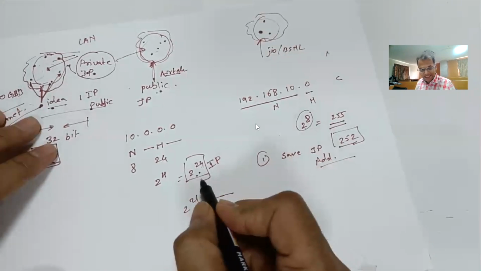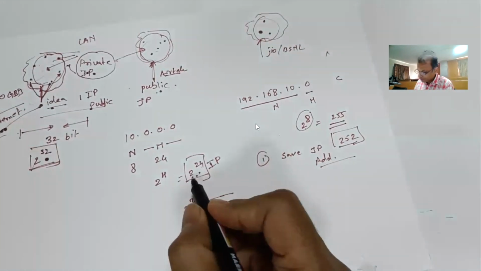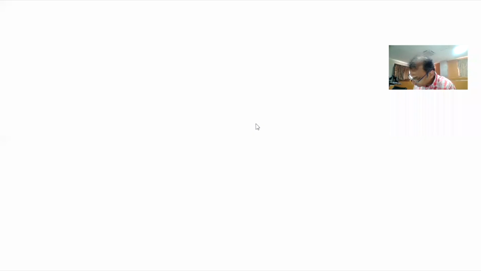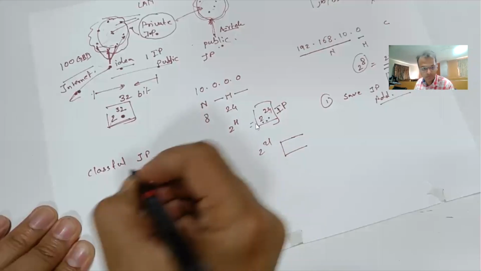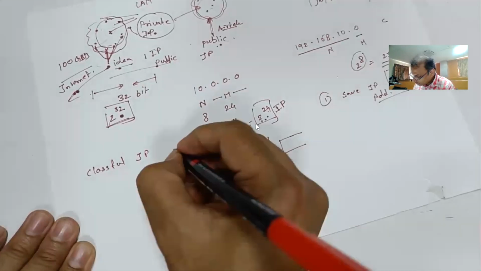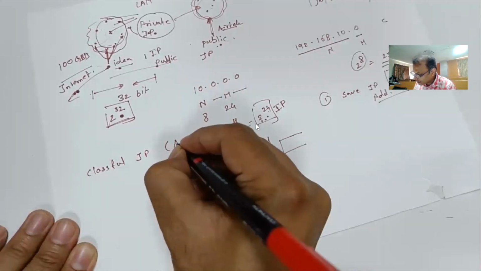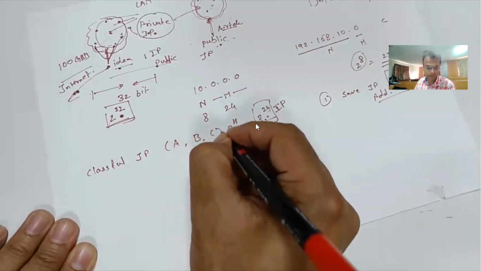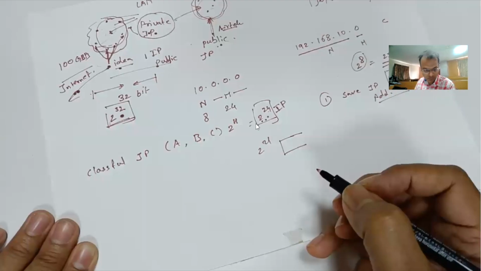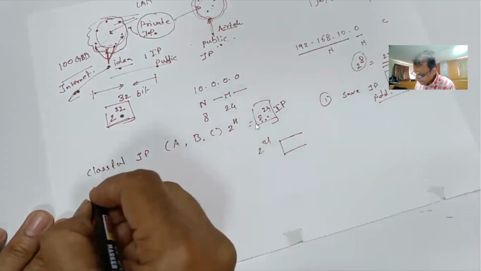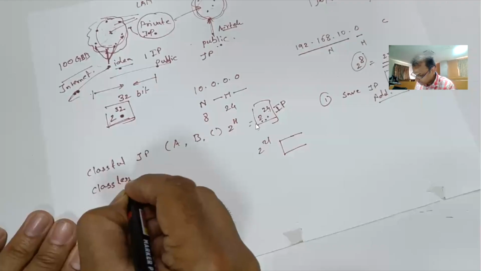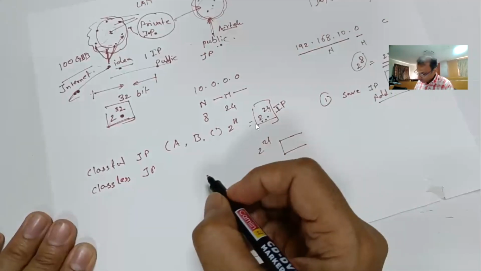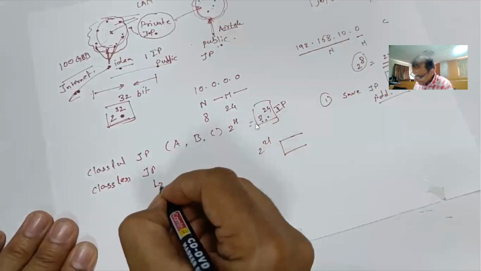So for this reason, we have to change the scheme. The basic scheme is called classful IP addressing, where you can give the example of class A, class B, and class C. There is a concept of classless, which is called subnetting.